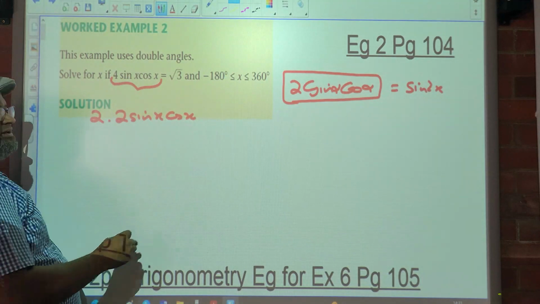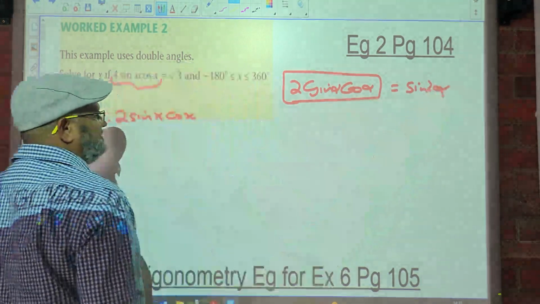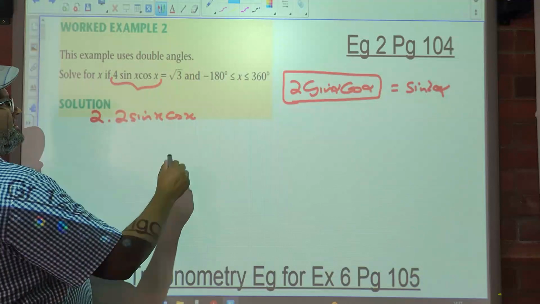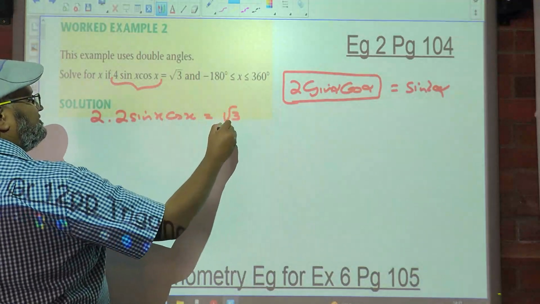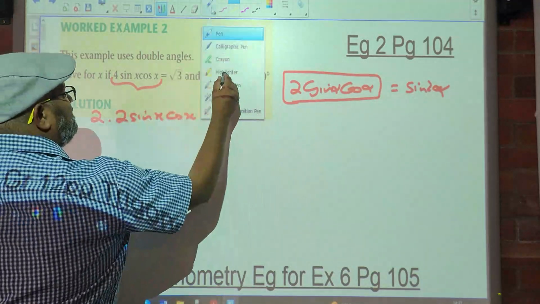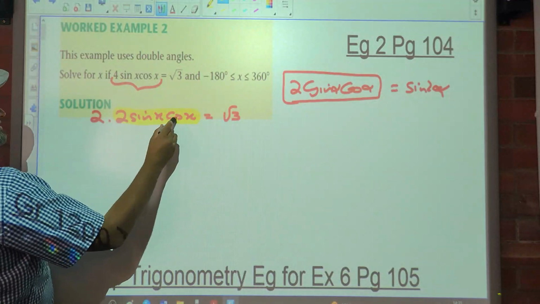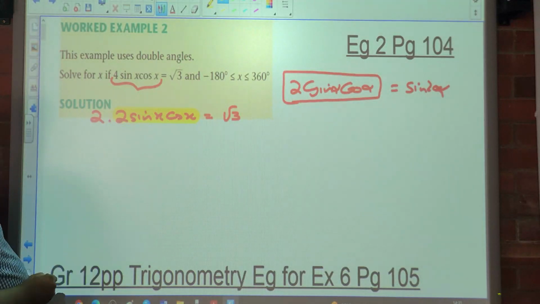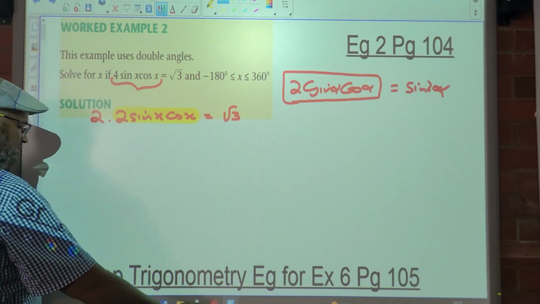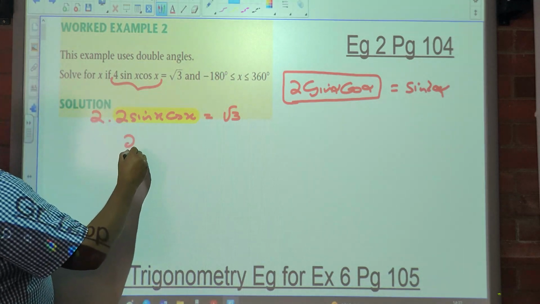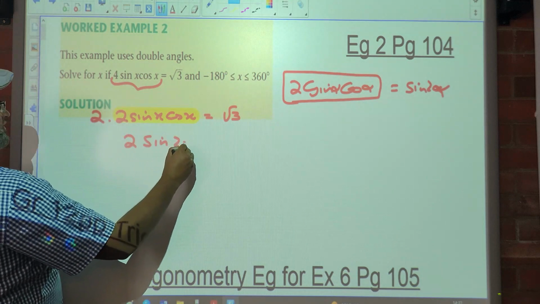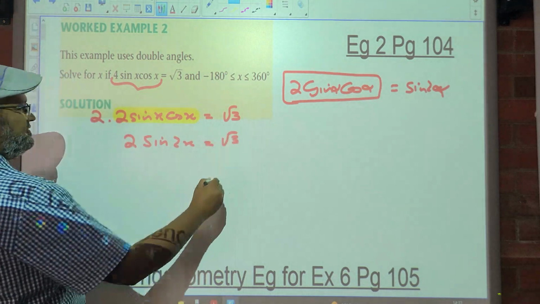Not so? And this is equal to the square root of 3. But what did we say? What is 2 sine x cos x equal to? Sine 2x. Not so? So in other words, it's going to be 2 sine 2x is equal to the square root of 3.